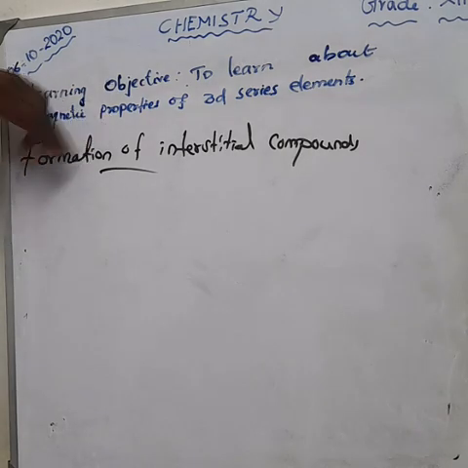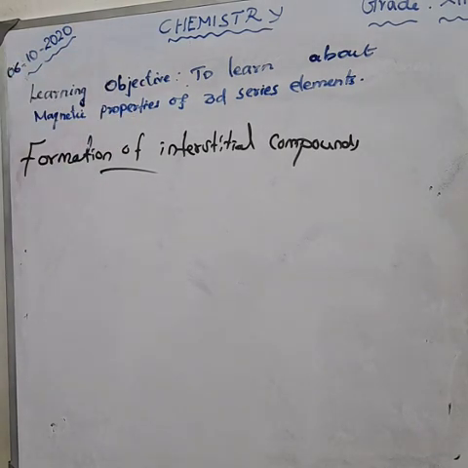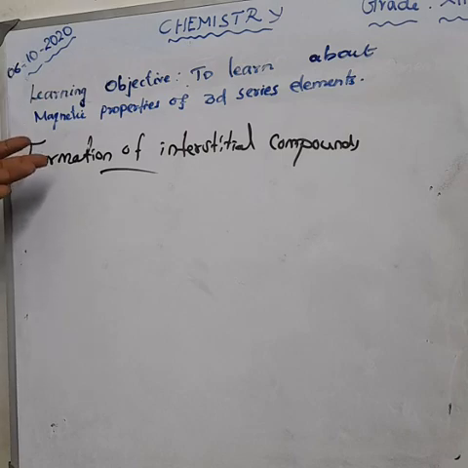Interstitial compounds are compounds that are formed when small atoms like hydrogen, boron, carbon or nitrogen are trapped in the interstitial holes in a metal lattice. They are usually non-stoichiometric compounds. Okay, I already told you about the non-stoichiometric compounds.